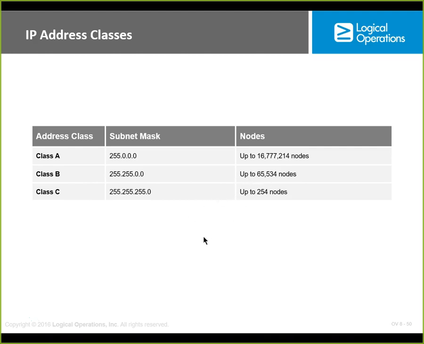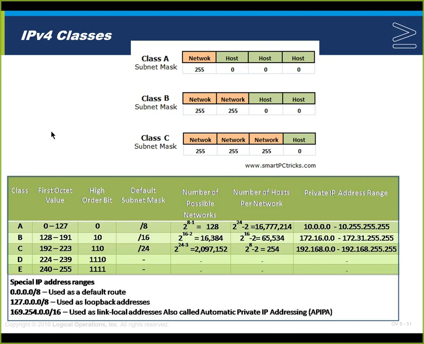There are actually 65,536 addresses, but we can't use the address that's all zeros for the host part because that's the network address, and we can't use the one that's all ones, 255s, because that's going to be the broadcast address. Everything else can be assigned to a node or to a device. And then Class C has 254 nodes, 256 addresses. We have to take out the network address, and the broadcast address can't be assigned to devices.